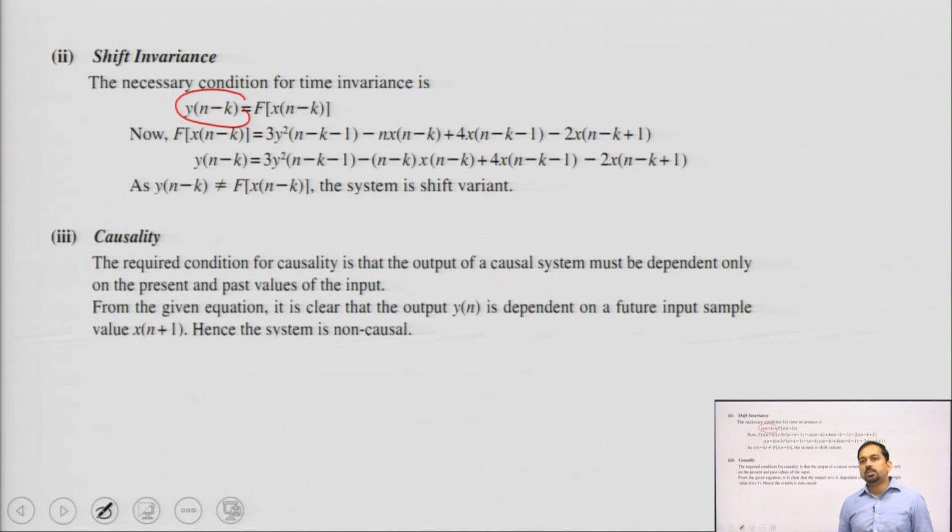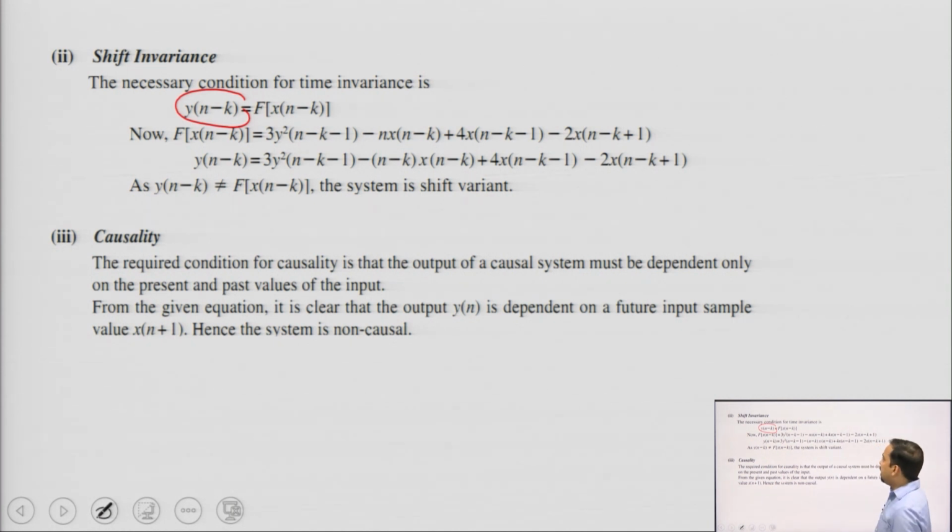If both the equations are the same, we can say it is shift invariant. The definition for shift invariant is: if a time shift in the input signal results in an identical time shift in the output signal, then the system is said to be shift invariant, and if there is some other shifting in the output signal, then the system is shift variant.